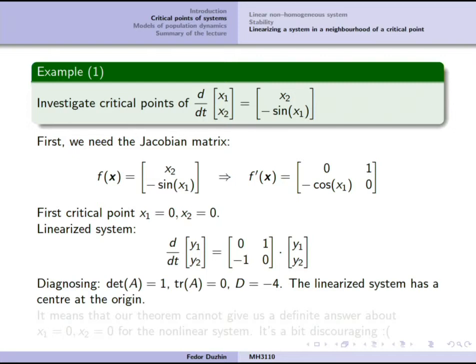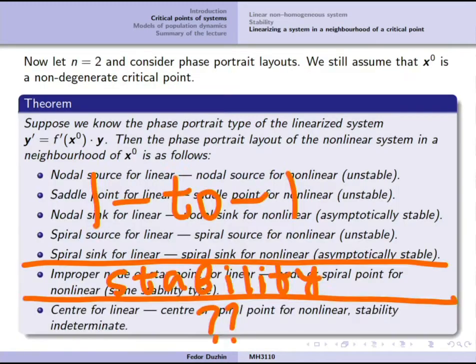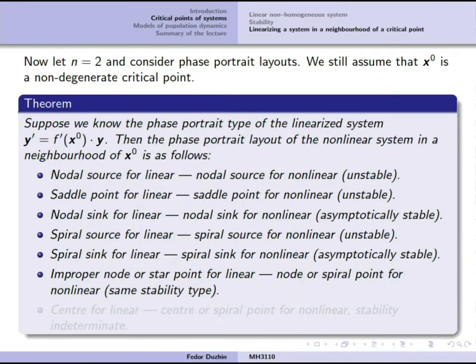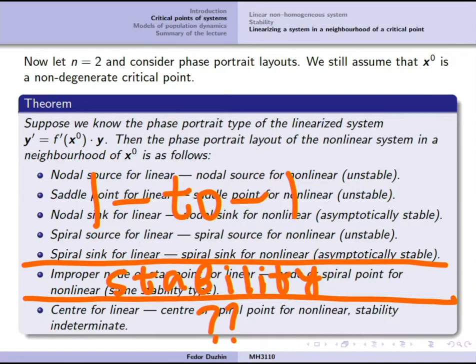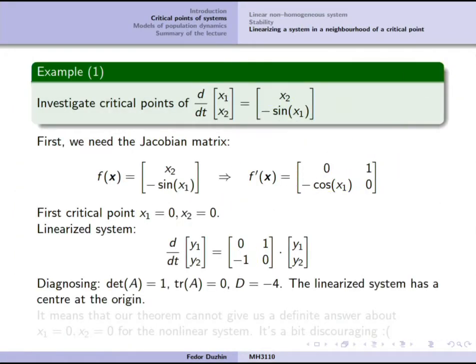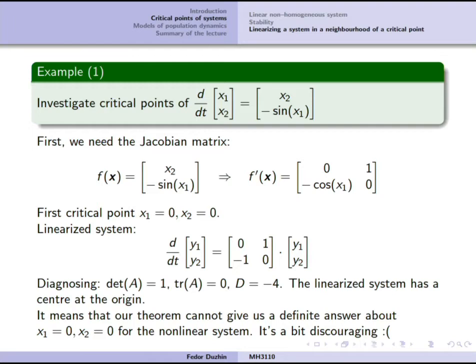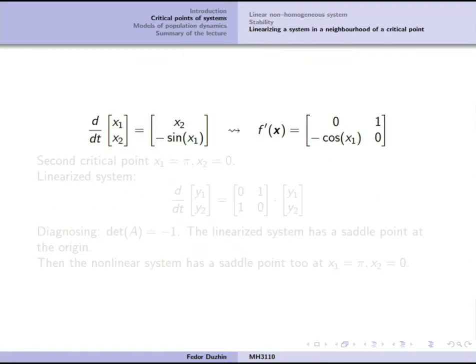So the linearized system has a center at the origin, which is a bit of a pity, because remember that for a center point, the theorem doesn't work. If the linearized system has a center at the origin, then the original nonlinear system has an unknown type of critical point.